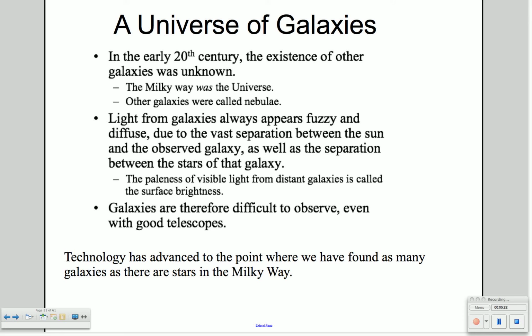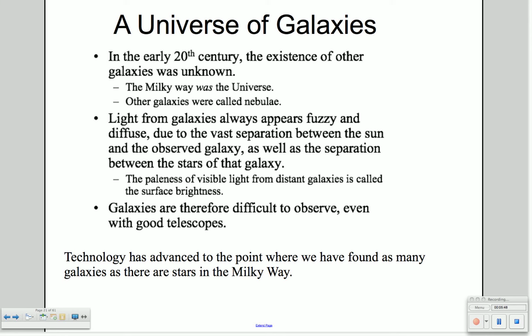But there were other things in the sky which were kind of nebulous. They were called nebulae. They were fuzzy. Light from these galaxies always appears fuzzy and diffuse due to the vast separation between the sun and these galaxies. In other words, we cannot really see a separate star in this galaxy unless its brightness is fluctuating. So galaxies are kind of difficult to observe, even with a good telescope.